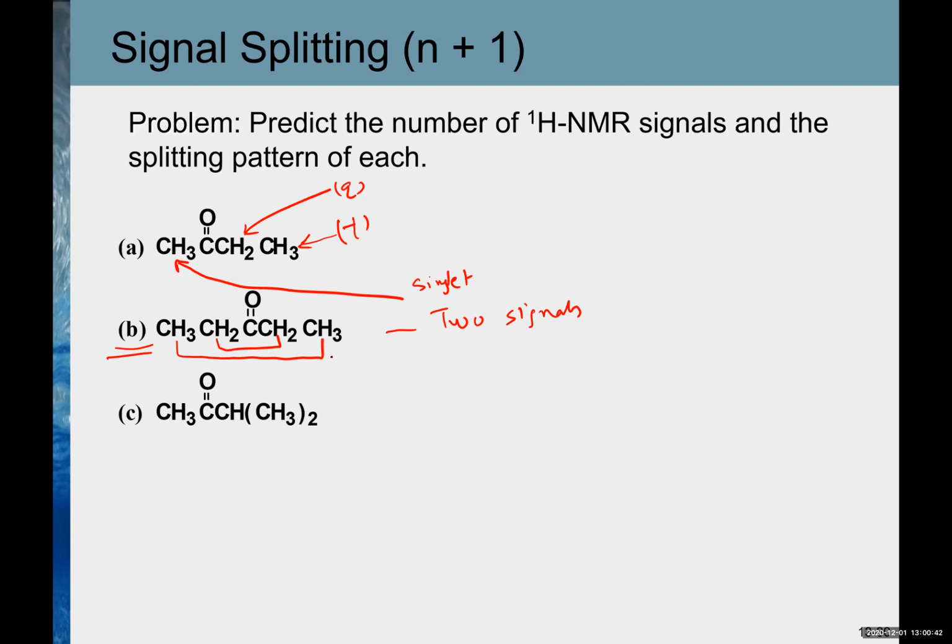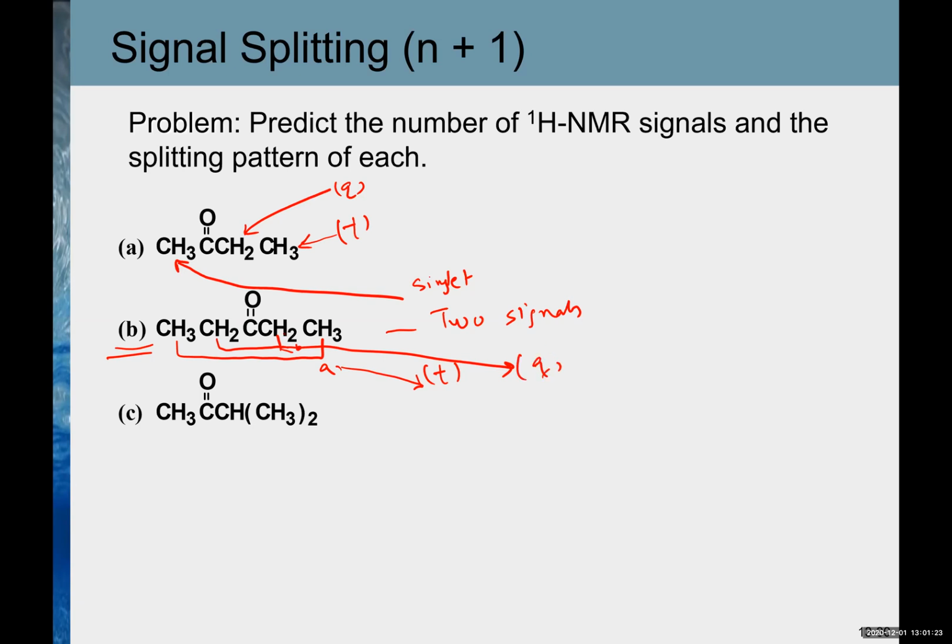So let's call this group A, and let's call this group B. So what will be the multiplicity of group A? 3 signals, or a triplet, right? Yeah. How about B? A quartet. A quartet is correct.